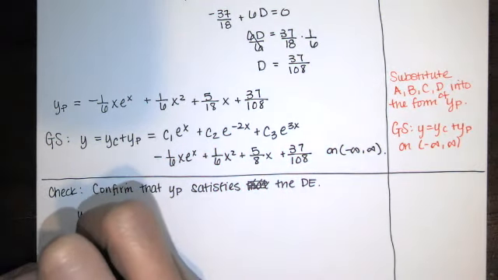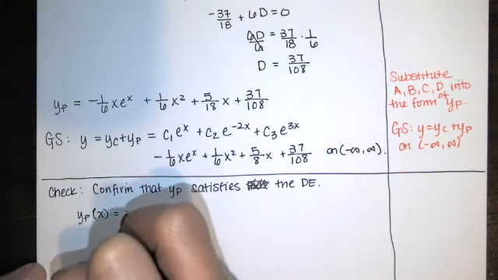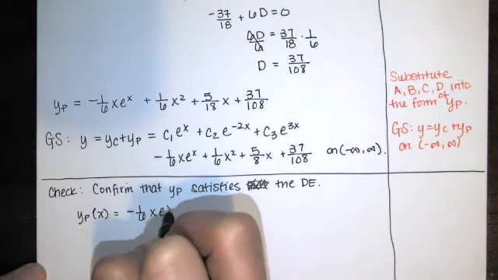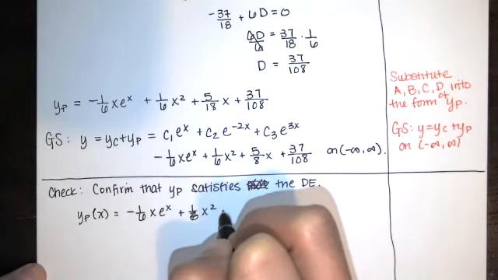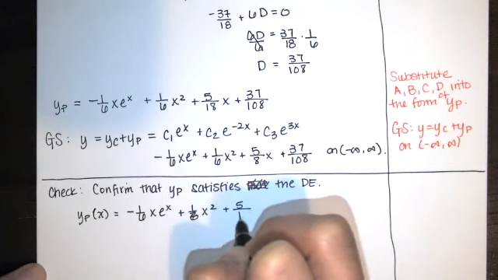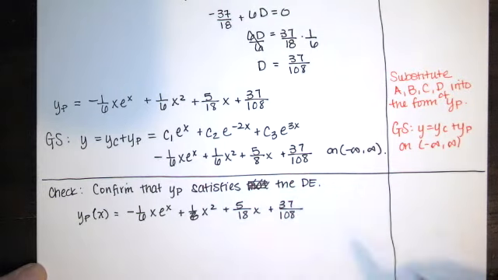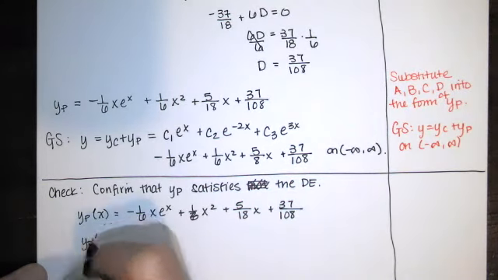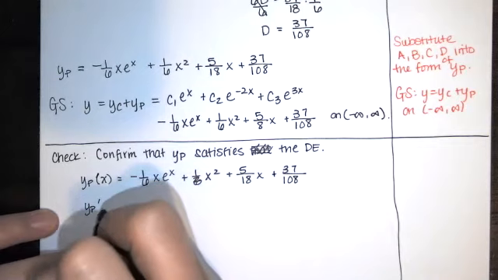So we have y sub p of x equals this, 1/6. Those transcription errors, those will get you. Okay. So in order to see that it satisfies the differential equation, I need to take the first, second, and third derivative because it was a third order differential equation.